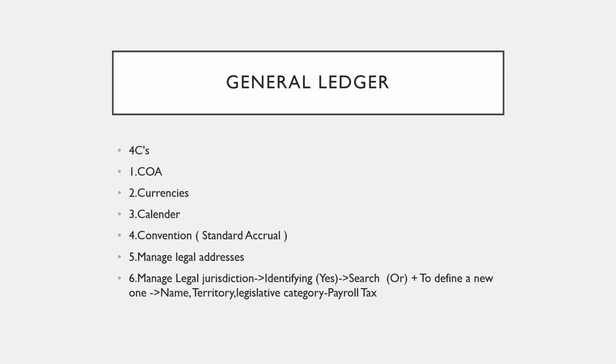Based on the module, you will be asked whether you want a general ledger job role, or AP, or AR, cash management, fixed asset, whichever module. Based on the module, you need to create job roles. For example, in general ledger it will be general accountant, general accounting manager, chief financial officer, financial analyst.